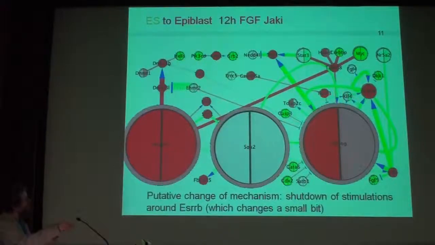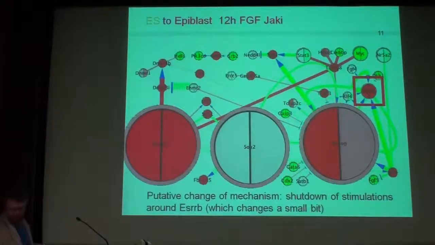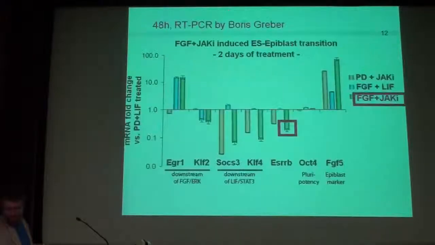But around ESRRB, there are lots of stimulations, that's the arrows, that are being shut down. That's a green color. But the gene itself doesn't change much. However, if we take a look, not after 12 hours, like here, but after 48 hours, you will see that this gene is actually going down rapidly.